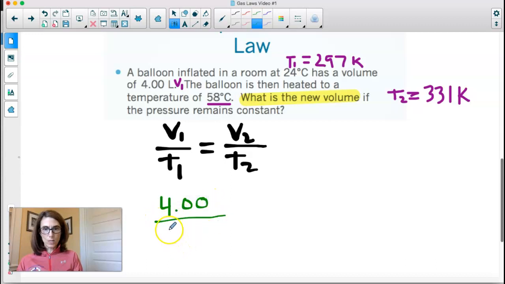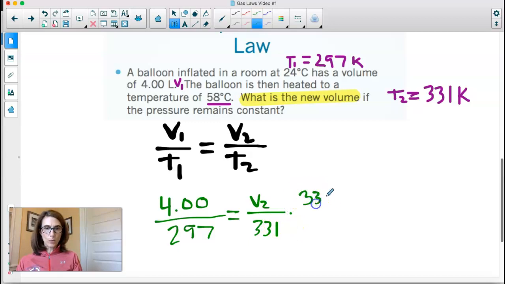T1 was 297. Equals, we're looking for V2 over 331 K. All right, so our temperature went up. We should expect that our volume will go up since this is a directly proportional relationship.